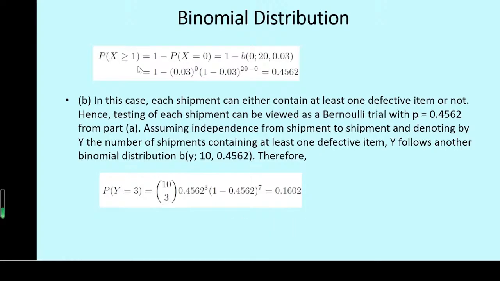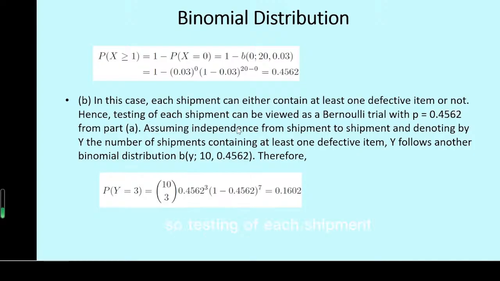So for question B, in this case, each shipment can be taken as a Bernoulli process. Each shipment can either contain at least one defective item or not.